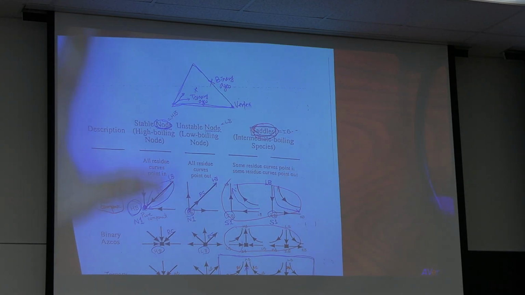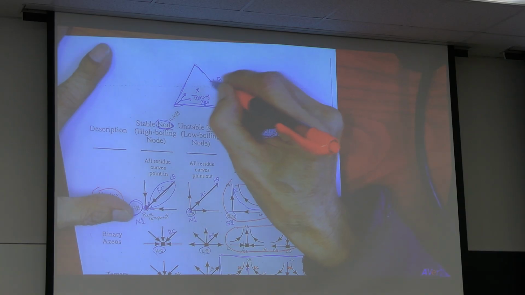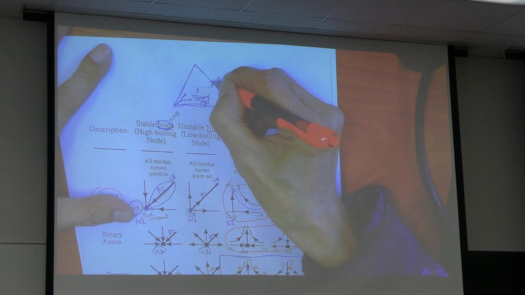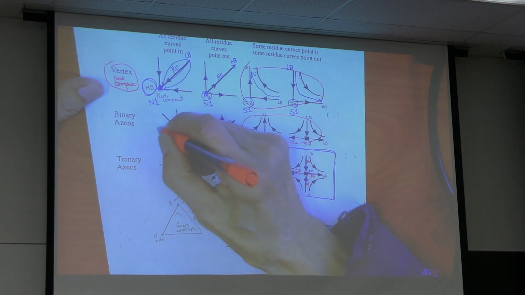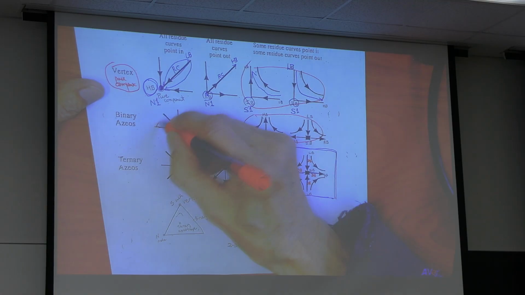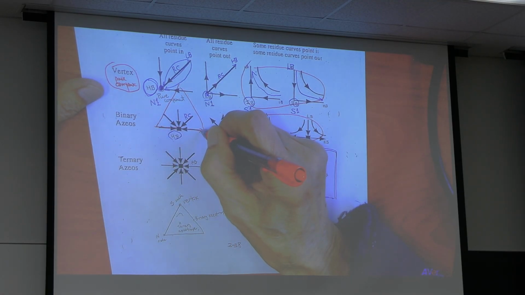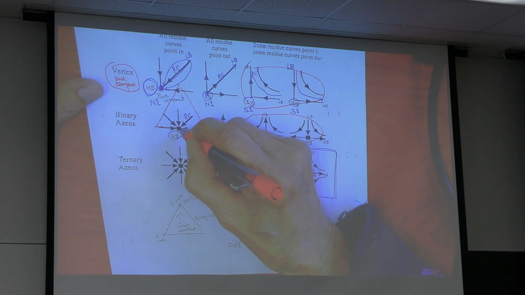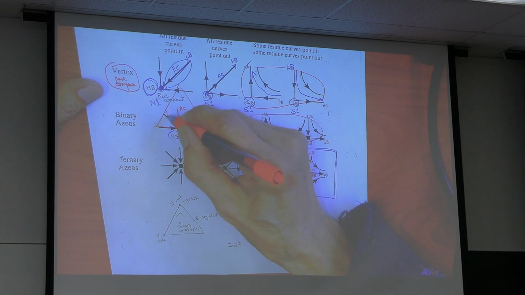Binary azeotrope. How about this point? On the triangle, this is the high boiling component, all RC merged into here.